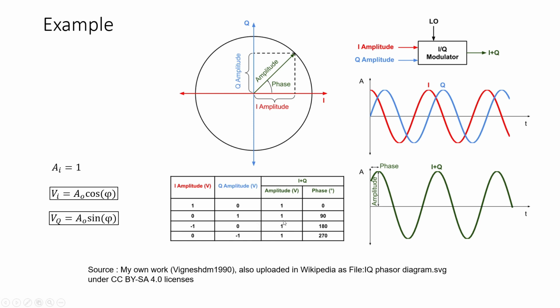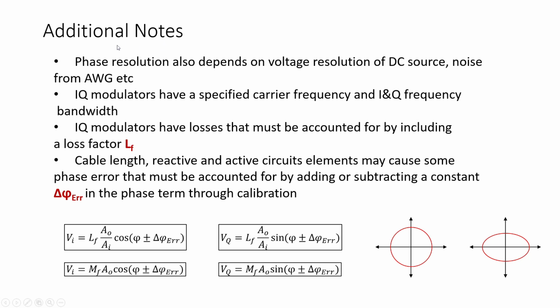If we need an amplitude of 1 and phase of 180 degrees, then we substitute 1 here and 180 degrees here, which gives -1, and the Vq value, sine of 180 degrees, is 0, so Vq is 0. So by using this formula, one could create a table with the required output amplitude and phase, and the required input of Vi and Vq. Here are some additional notes related to the phase shifter.